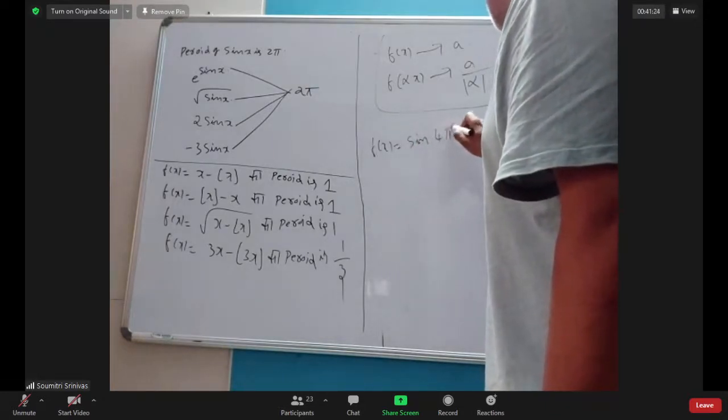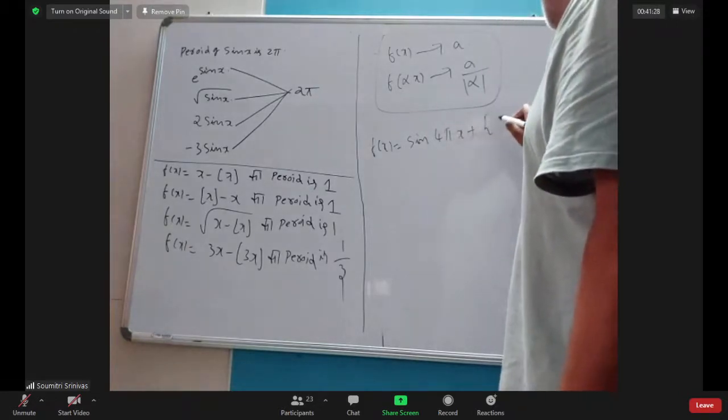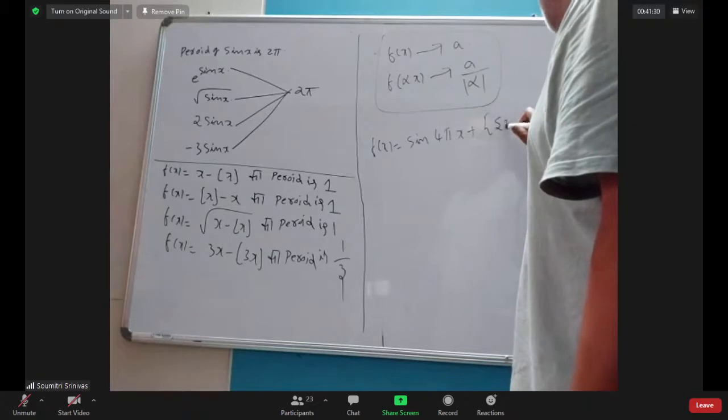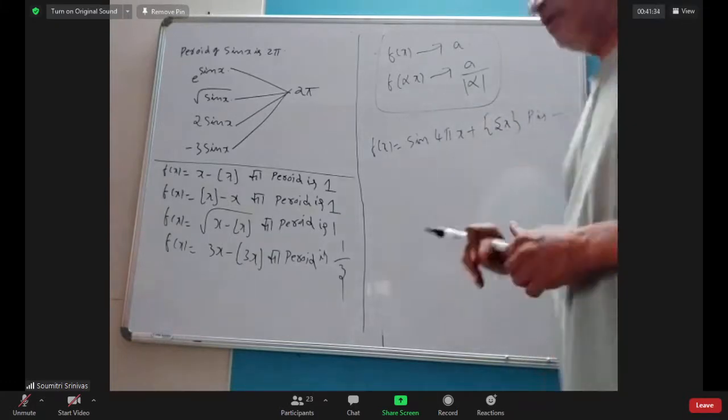Sin 4 pi x plus fractional part of 5x, period is dash. Last column.